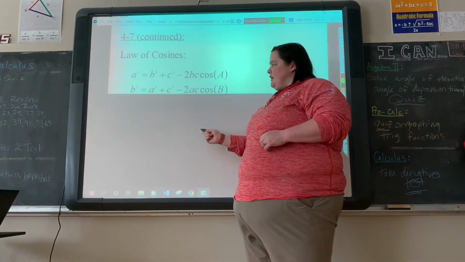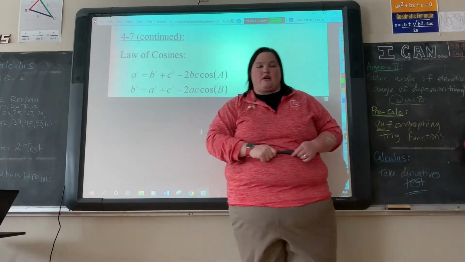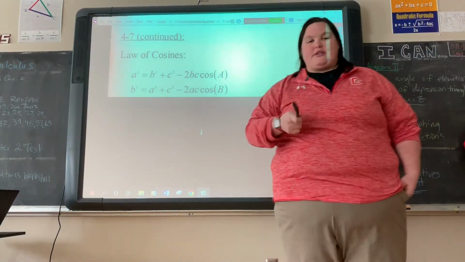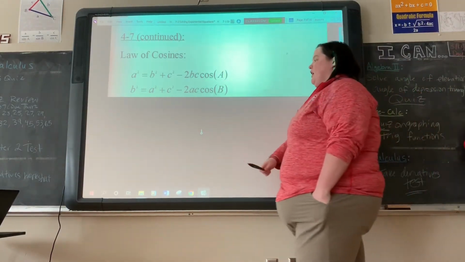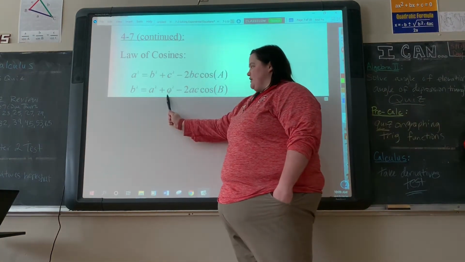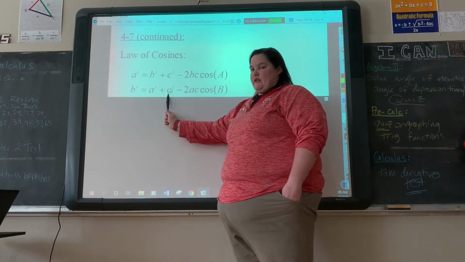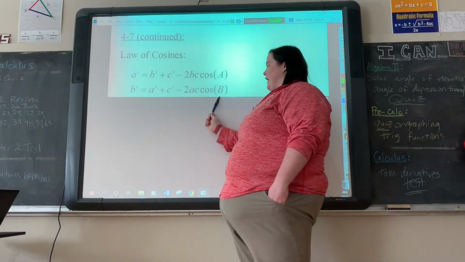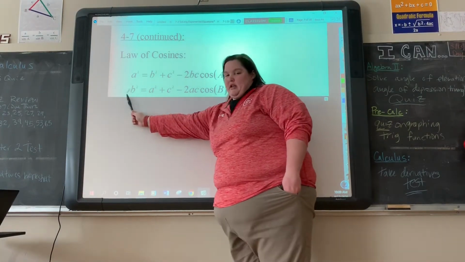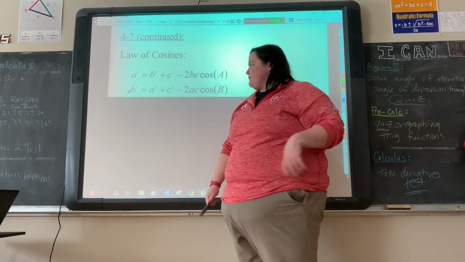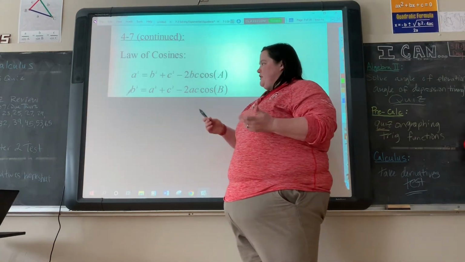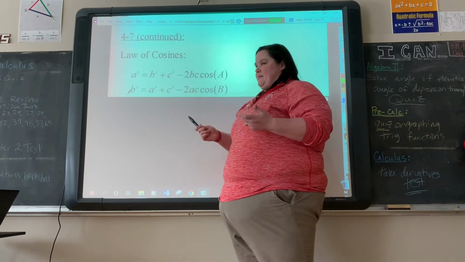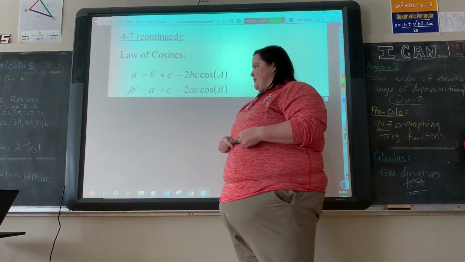Then the second one, same type of information, only switched around a little bit. This is set up to find either side B or angle B. So again, you need the two sides. You have to know both of these in order to use this. And then you can either know angle B or side B in order to use the second one. And then the third one, again, the same idea, only it's set up to find C. So again, it's just a rearrangement.